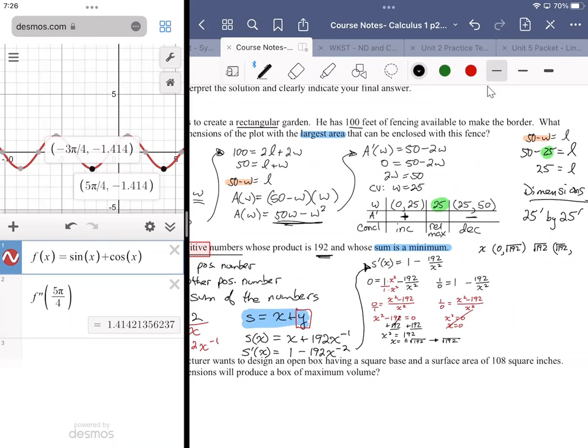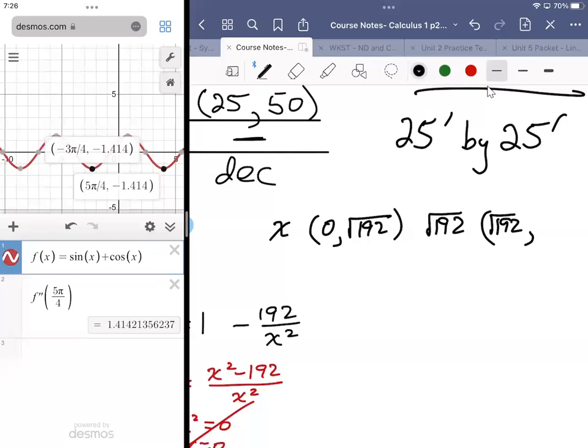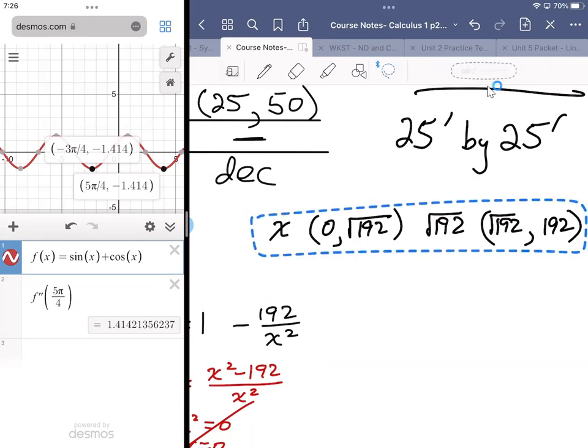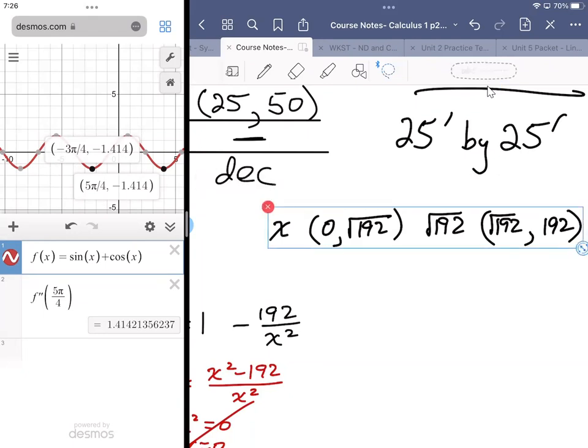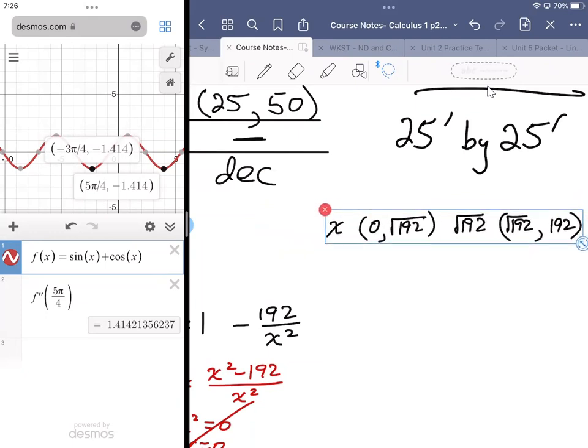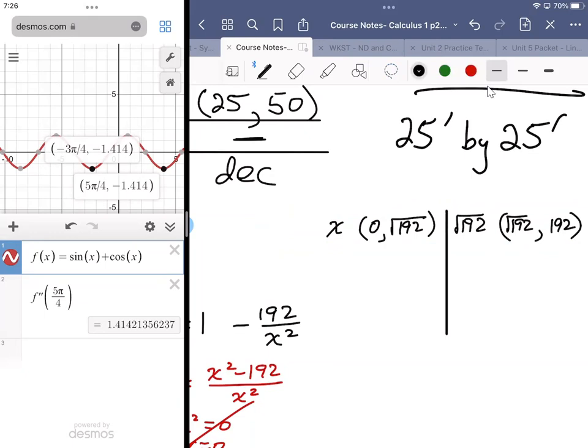You could also, if you multiply by some decimal values, even go beyond 192. But at this point, I would say 192 is a reasonable high point, and we wouldn't really need to go beyond that. Right? We just need to have some endpoint beyond the radical 192, because it's the radical 192 that we care about.